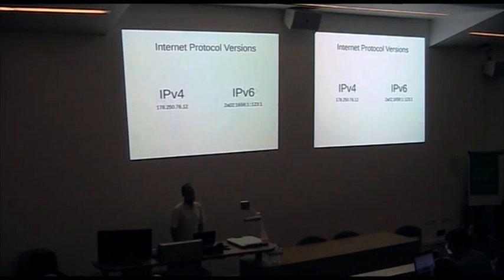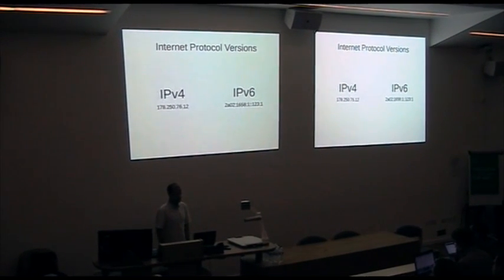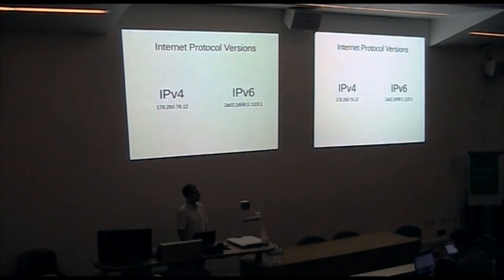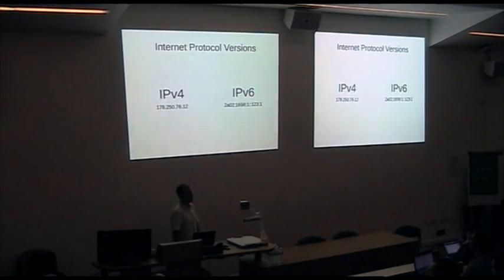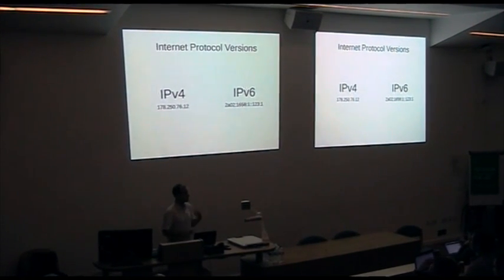So starting with IP. There are 2 versions of the Internet Protocol in use today. IPv4, which is commonly used, and IPv6, which is increasingly being used, especially by large service providers. If you talk to, say, either Google or Facebook's website or any web service of theirs, they support IPv6 now, as increasingly do more and more people.